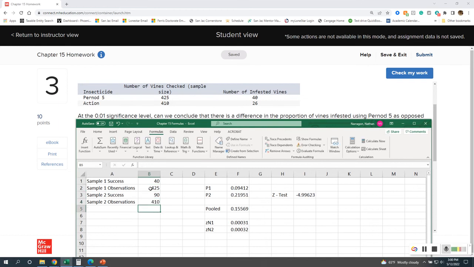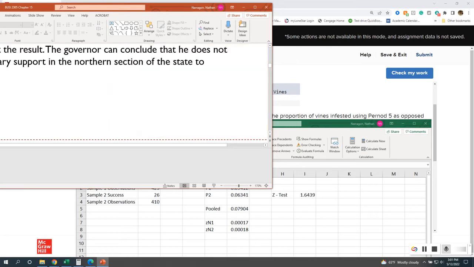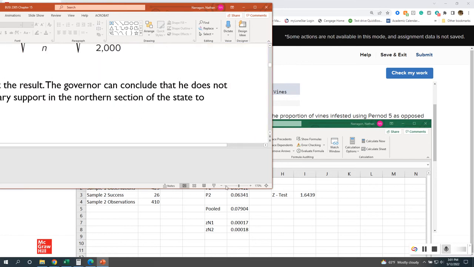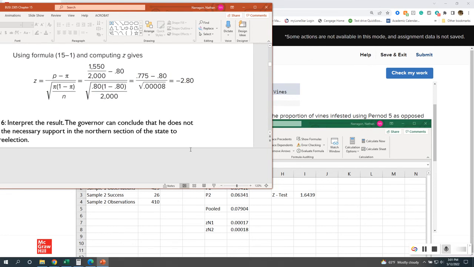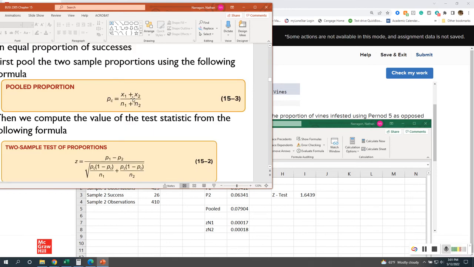Sample 2, 410 with 26. Okay, so again, if you're going from the PowerPoint, zoom out just a little bit. We did the pool, and you do the 2 sample test of proportions. Okay?